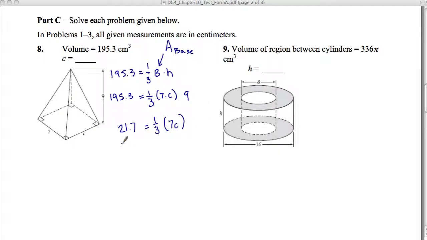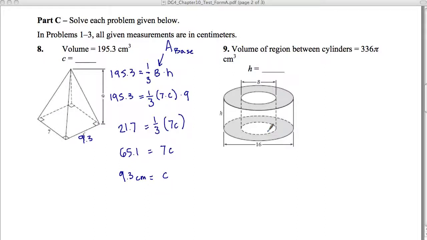So times 3 is 65.1 is equal to 7C. So now divide by 7 on both sides, and we find that C is equal to, I get 9.3. So 9.3 centimeters is this length right here. All right. On to number 9.